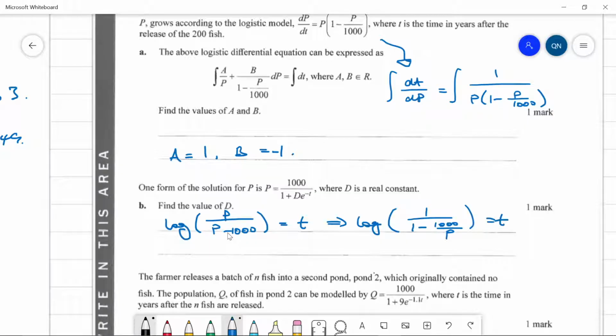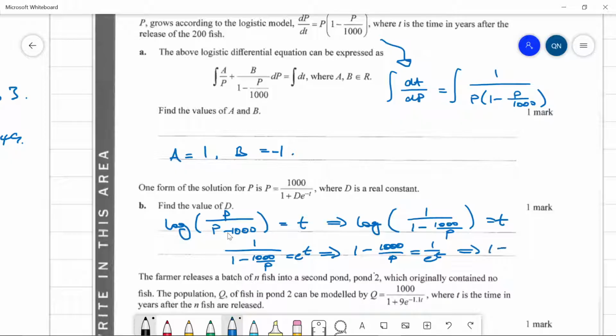So exponentiating everything, you get 1 over 1 minus 1,000 divided by p equals e to the t. And rearranging once more, if you take the reciprocal of everything, you get 1 minus 1,000 over p is equal to e to the negative t, or 1 over e to the t. And let's keep rearranging.